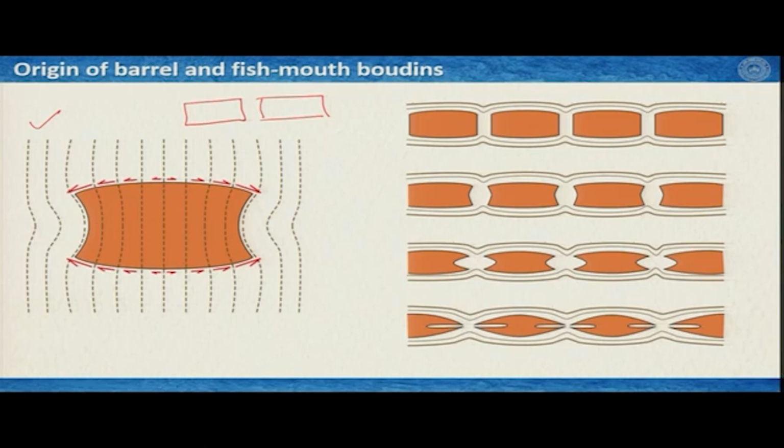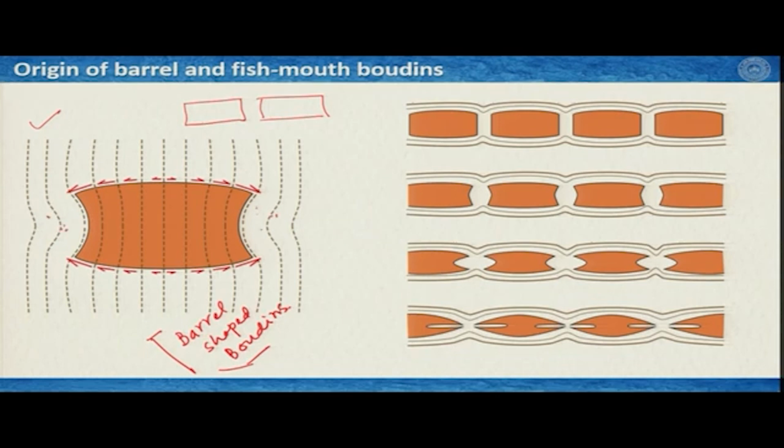So, barrel shaped Boudins, which is this one, is a very typical process, and this evolves with the Boudinage processes. The barrel shaped Boudins with straight edges are produced with some amount of necking, which is followed by extensional fracture at the neck joints, mostly at these places.